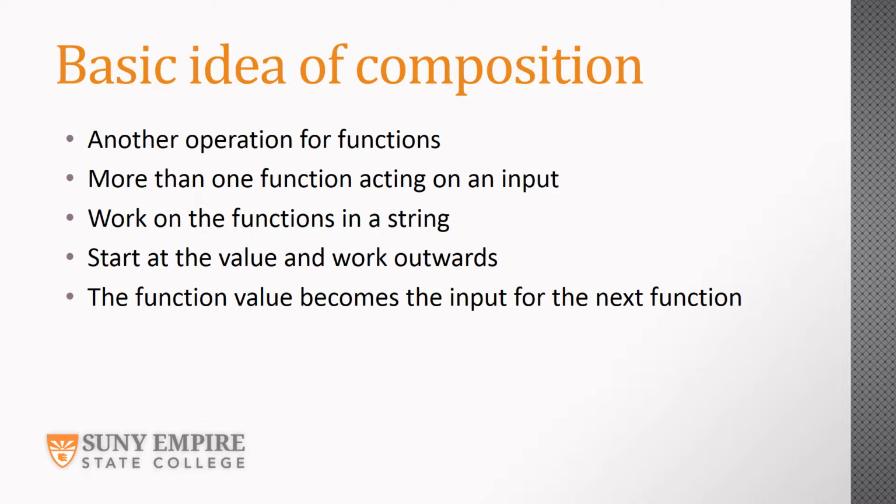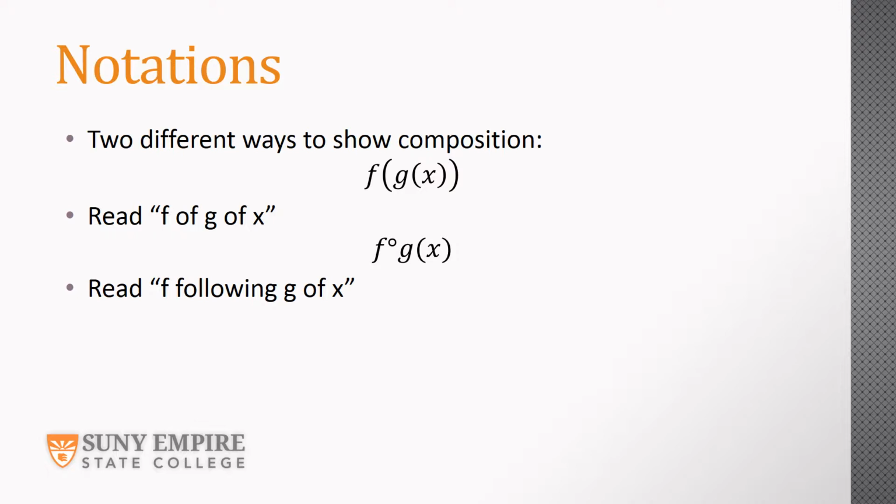What does the notation for composition look like? There are actually two different notations used for composition. The first is simply function notation extended, where we will see f(g(x)). As with regular function notation, we read this as f of g of x.